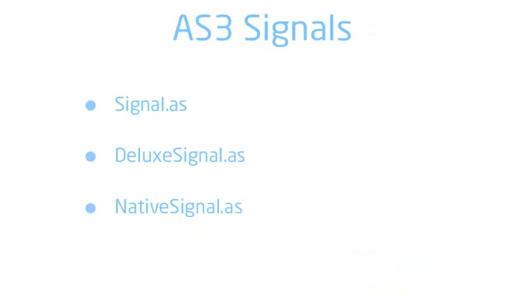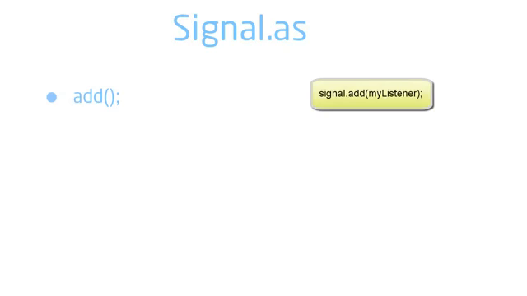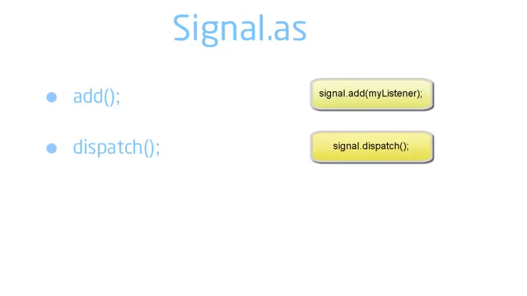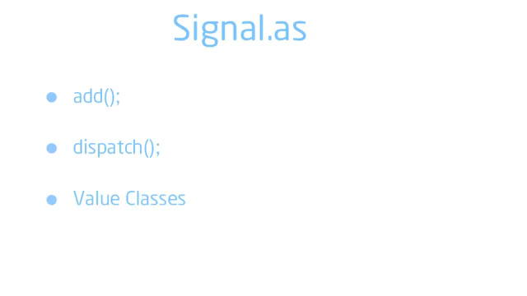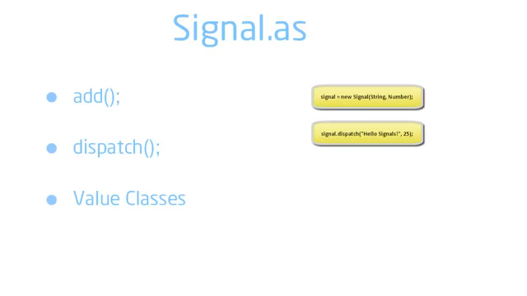Signals consists of several classes, but the ones you'll probably focus on the most are the following three. First, the most basic signal type, which acts like an object that you can add listeners to and then dispatch, just like a regular event. Upon dispatch, the listener function will be called. You can optionally define value classes in the constructor, which will enforce these values to be passed along in the dispatch.